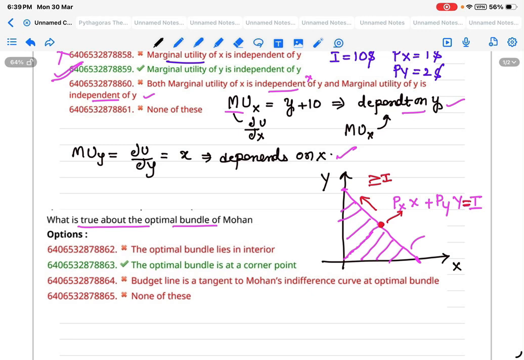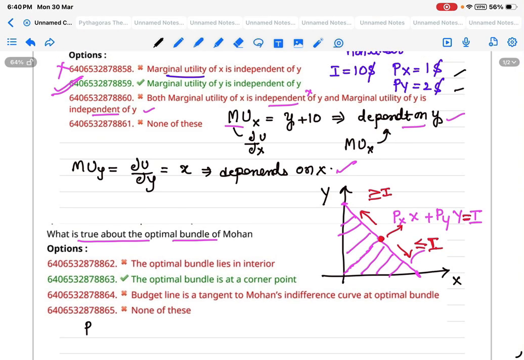If we move upward, it is greater than or equal to income. If we move downward in this direction, it is less than or equal to income. Here it equals income. So given x is x, px equals $1, y is y, py equals $2, and income is $10, that is x plus 2y equals 10.